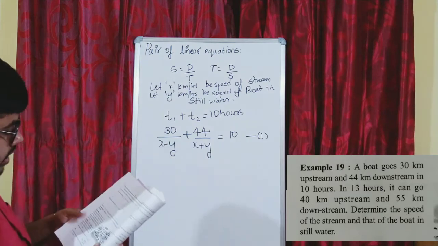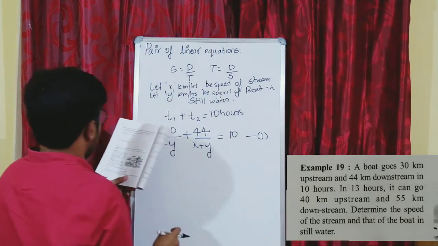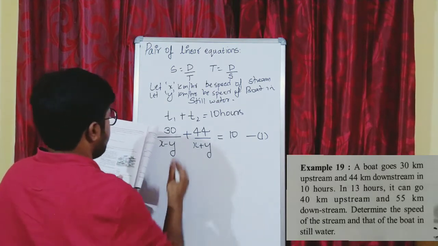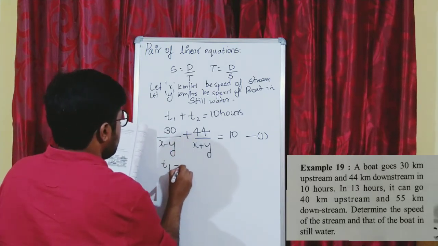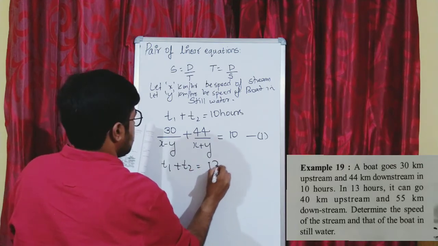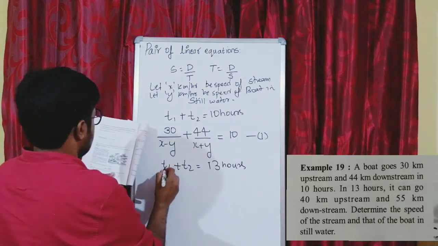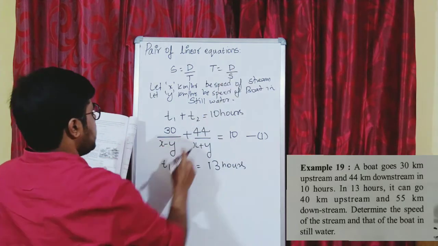Next, from the second part: in 13 hours, it can go 40 km upstream and 55 km downstream. Same thing, T1 plus T2 equals 13 hours. So first let us convert into distance by speed.